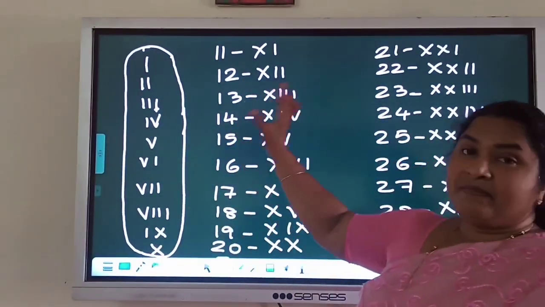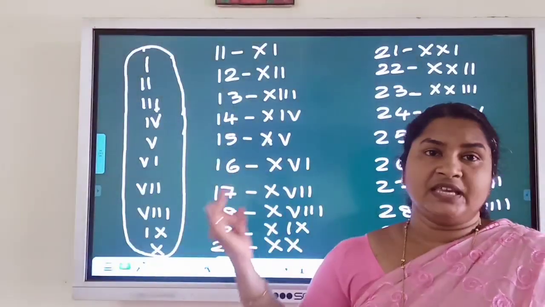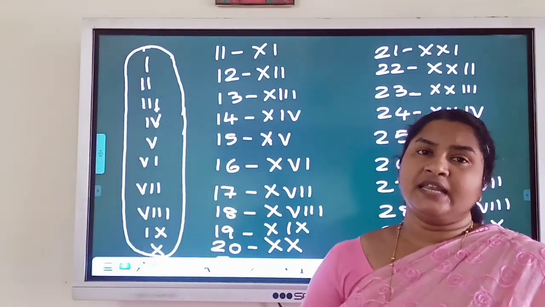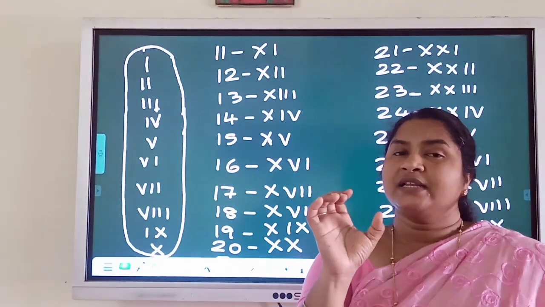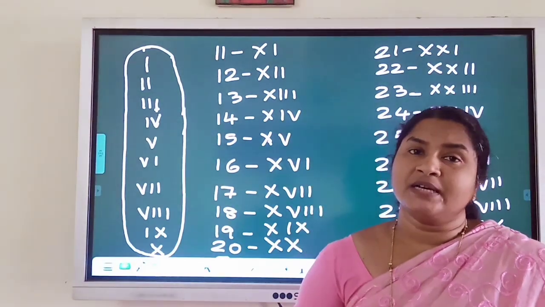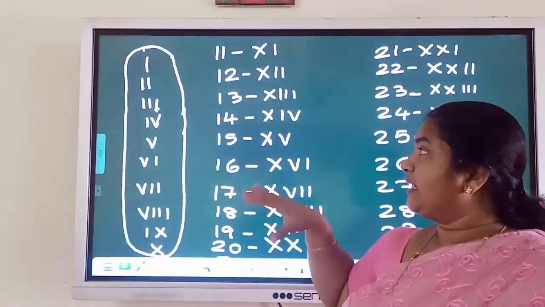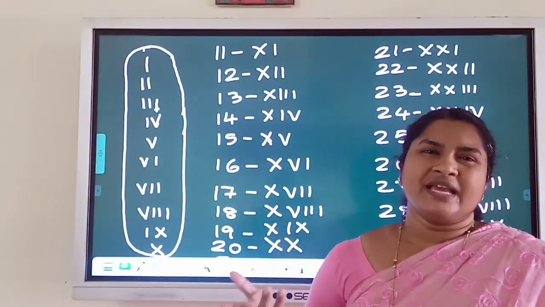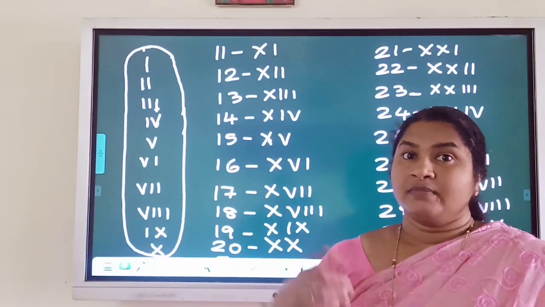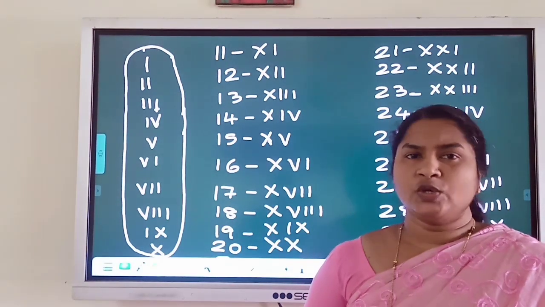Only with the symbols, that is I, V, X, L, C, D and M, we are asked to combine letters to make the numbers. Yes. And here in this class, that is in standard 3, we are not using L, C, D and M. In the next year, we will be dealing with those numbers.